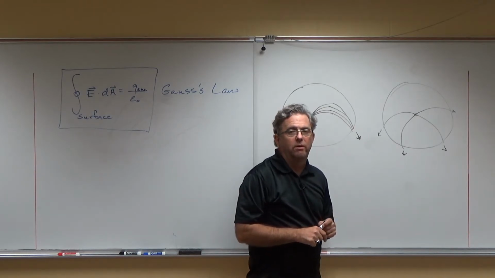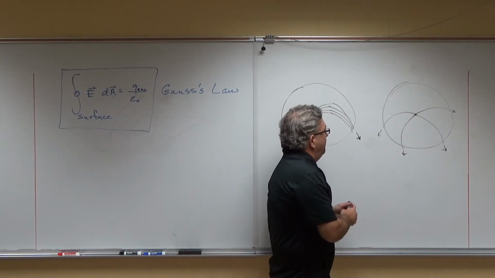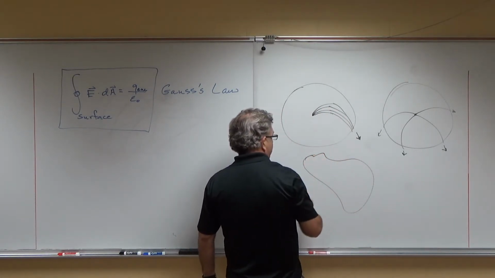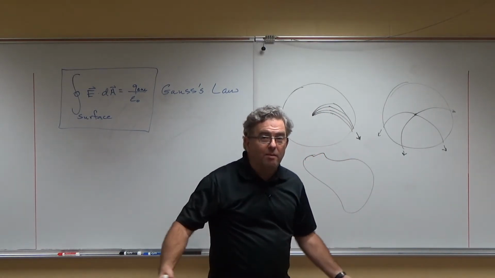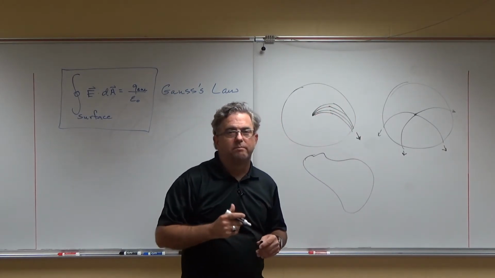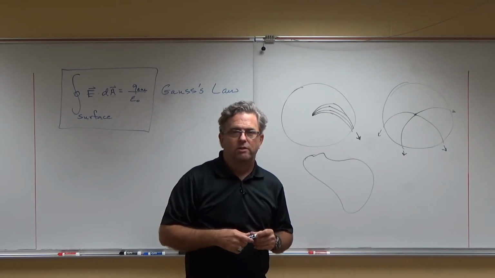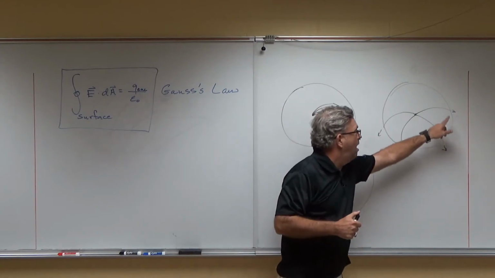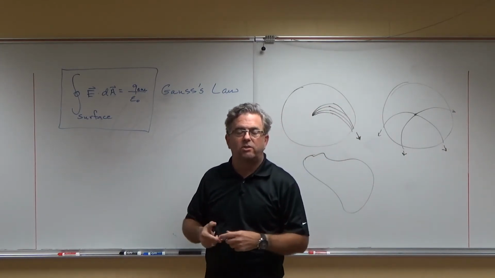Also, if I sum it up over some weird shaped surface, same answer. Over any closed surface, if I march around and measure all the water coming out, I'm going to get the same answer every time.